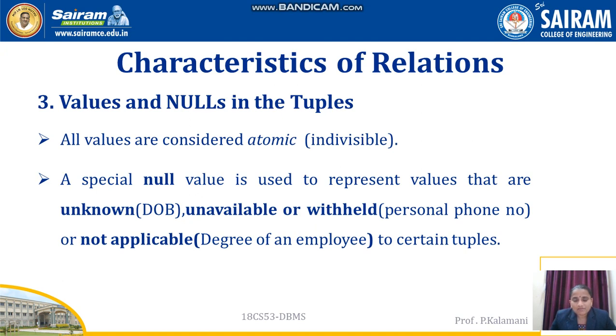At the same time, regular students have no diploma marks. So the first year and second year diploma marks are not applicable for the regular students. So when the attribute value is not known, unavailable, or not applicable, it is represented as null in the corresponding attribute value.